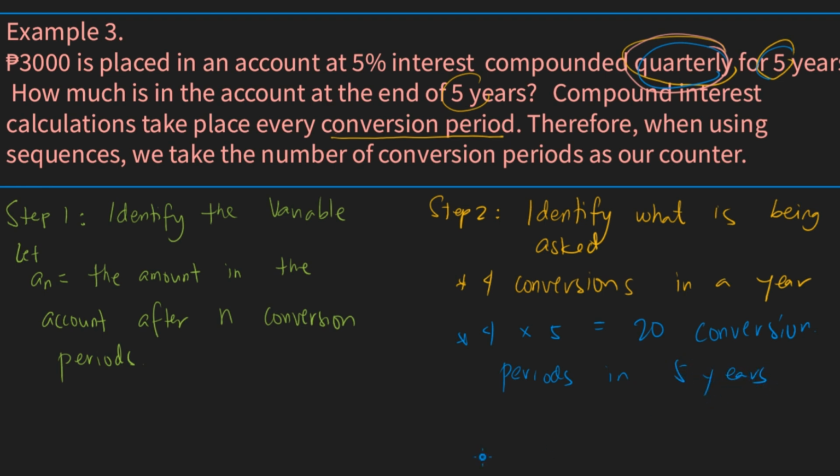Therefore, we are looking for a sub 20, the amount in the account after 20 conversion periods. That is our step 2 again. Step 1, our variable is a sub n, where n is the conversion periods. And for step 2, we have 20 as our conversion periods in 5 years. That's why what is being asked is a sub 20.